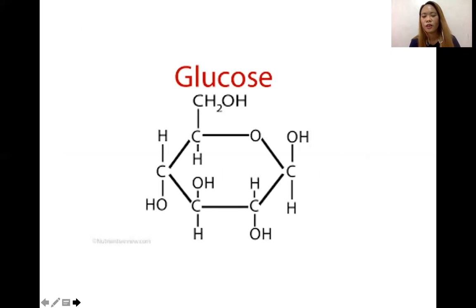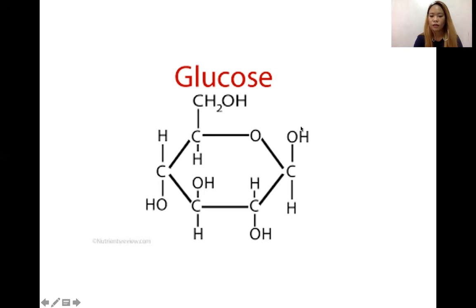So this is your glucose. As you can see, it is only made up of 3 elements: carbon, hydrogen, and oxygen. The molecular formula for glucose is C6H12O6. So let's count. It has 6 carbons: carbon 1, carbon 2, carbon 3, carbon 4, carbon 5, carbon 6.